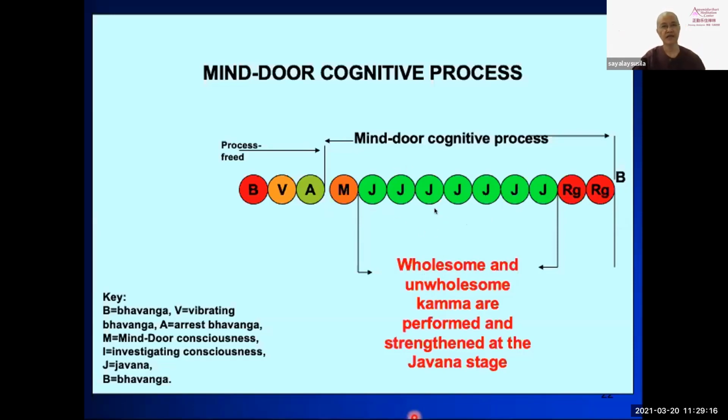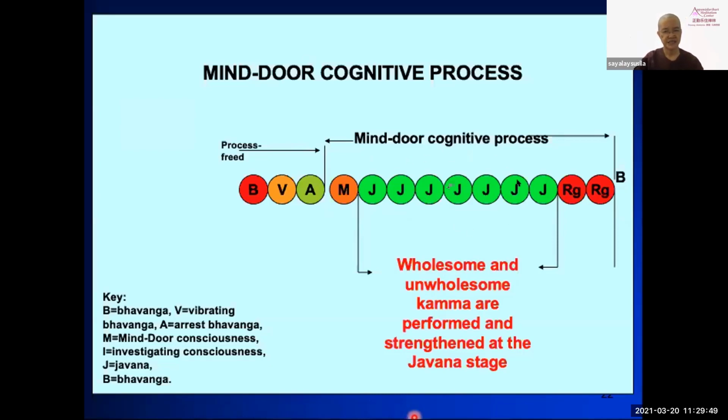First, let's say the object is agreeable. Let's say a beautiful woman. A beautiful woman, as a visible object, is very agreeable to a lustful man. So the moment it comes to the javana stage here, and the object is very agreeable to a lustful man, then the consciousness rooted in greed will arise at the javana stage.